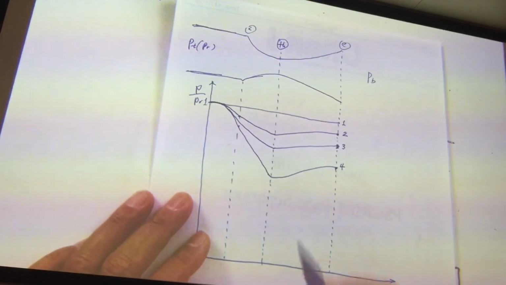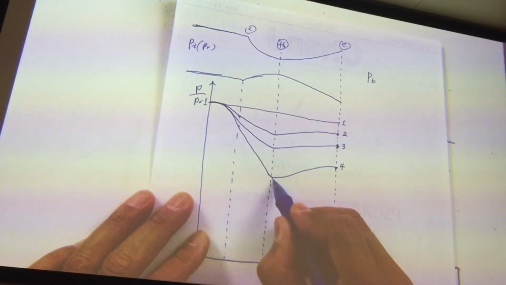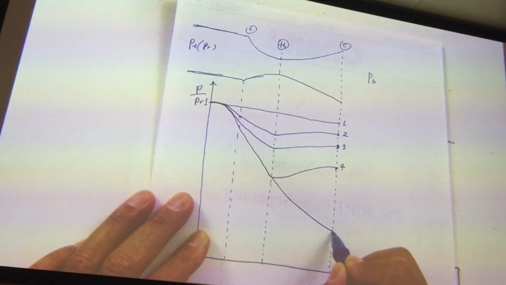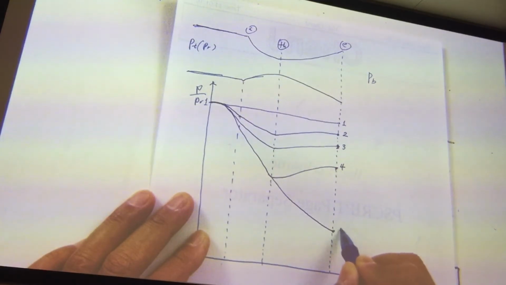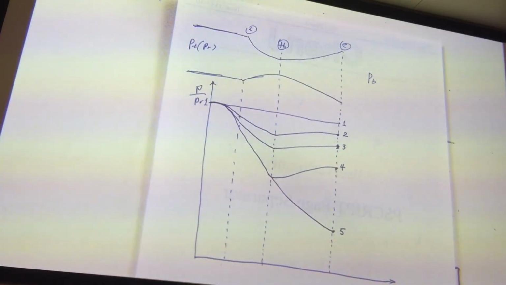So one condition is that if I decrease to 5, the pressure just keeps going down. What happened here is the back pressure is sufficiently low so that you would induce Mach equal to 1 at the throat.